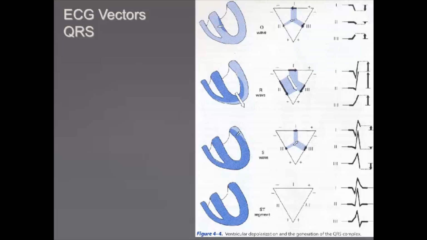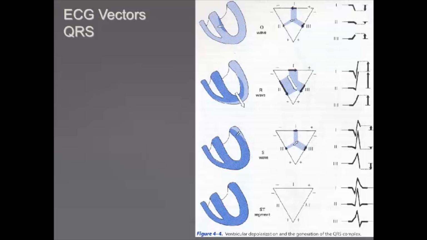Now the S wave represents the depolarization in the left ventricle that's moving across to the right side on your screen. And this is moving more upwards than it is towards the positive. So we're really moving more towards the negative in lead 2.